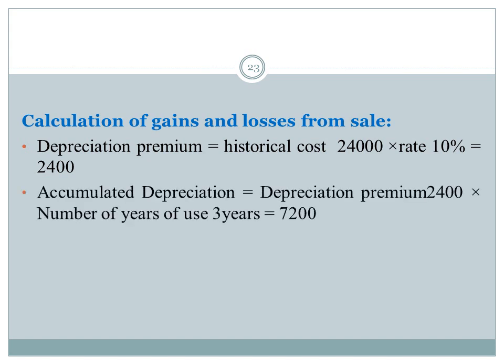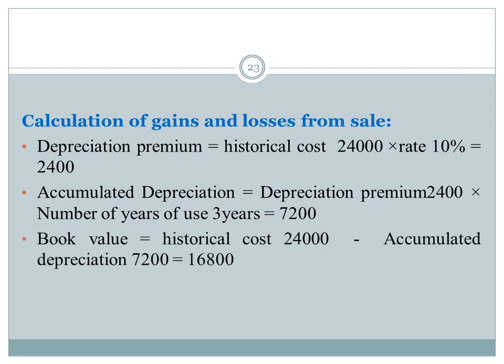Accumulated depreciation premium for the year 2,400 multiply number of years of use 3 years, so the accumulated depreciation will be 7,200.